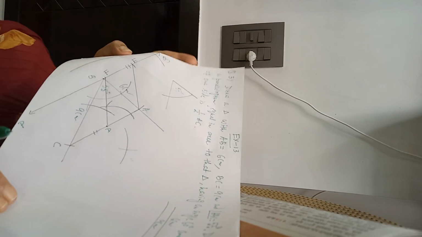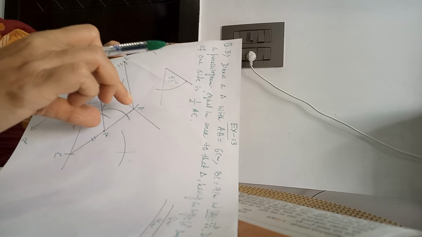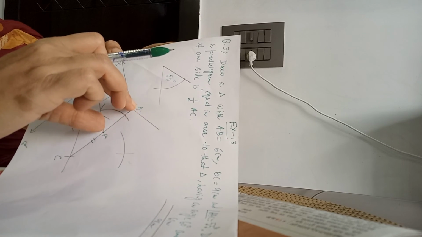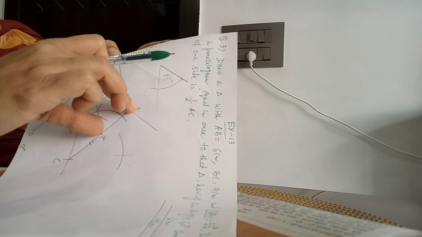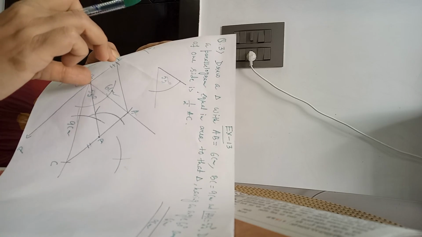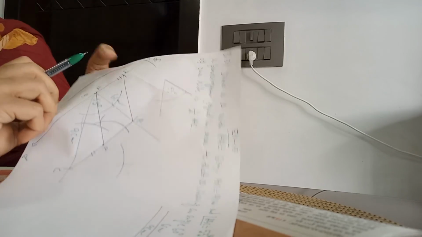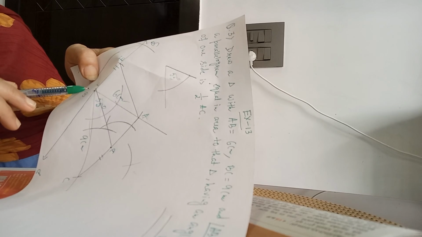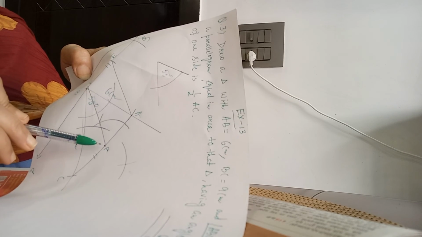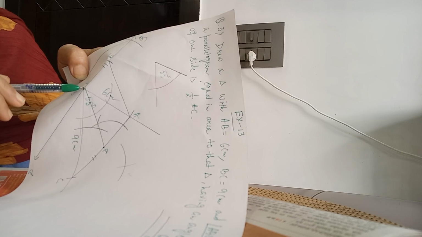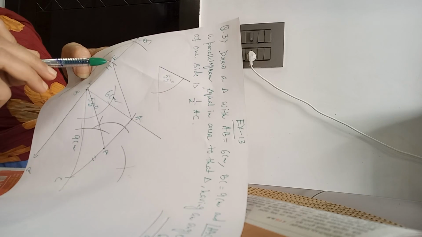Clear? After that, take length DA and from here, from the 60 degree line. Be careful, don't cut from here. Where the 60 degree line meets, from there you have to cut. From there cut.